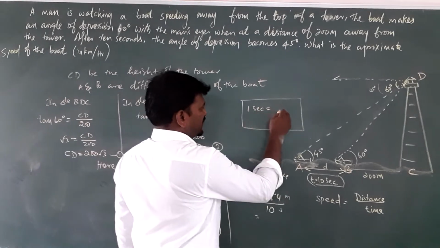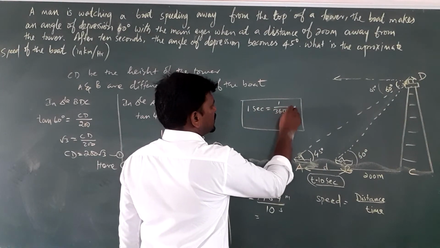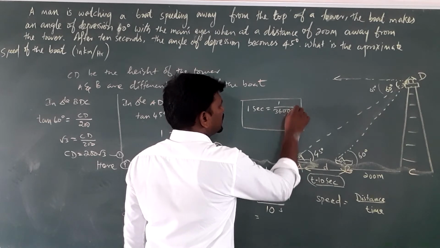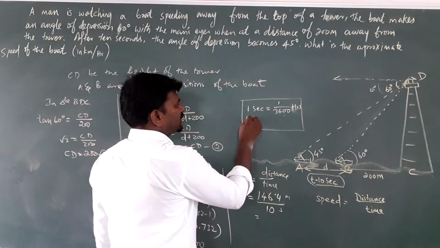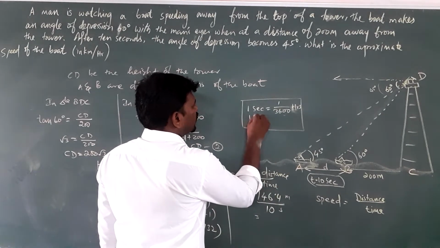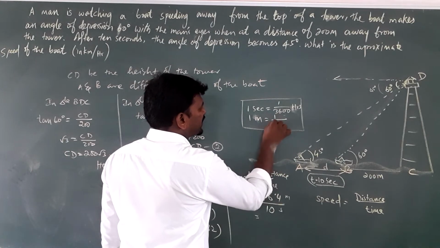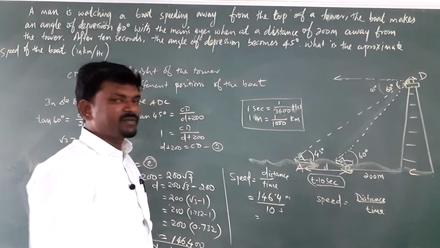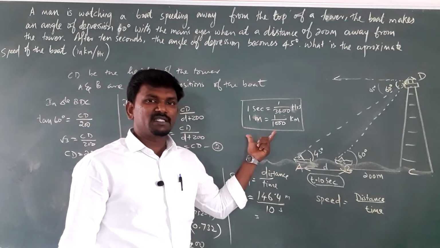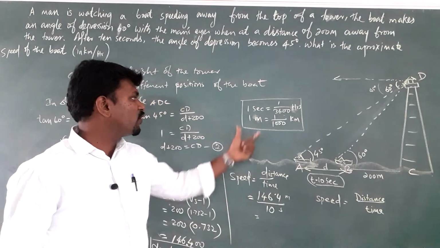So 1 second is equal to 1 by 3600 hours. Similarly, 1 meter is equal to how many kilometer? 1 by 1000 kilometer. This concept we have studied in fourth standard.